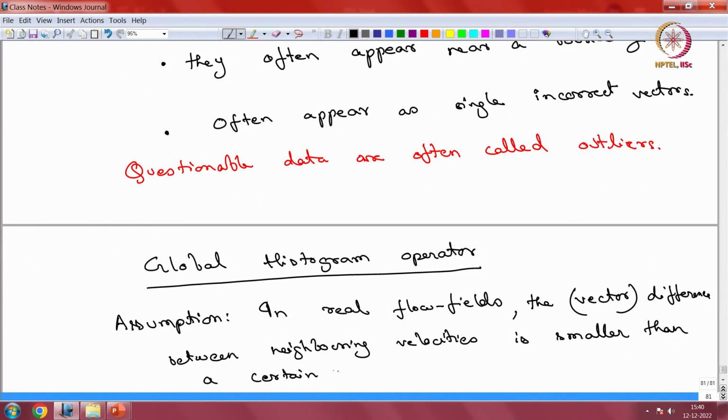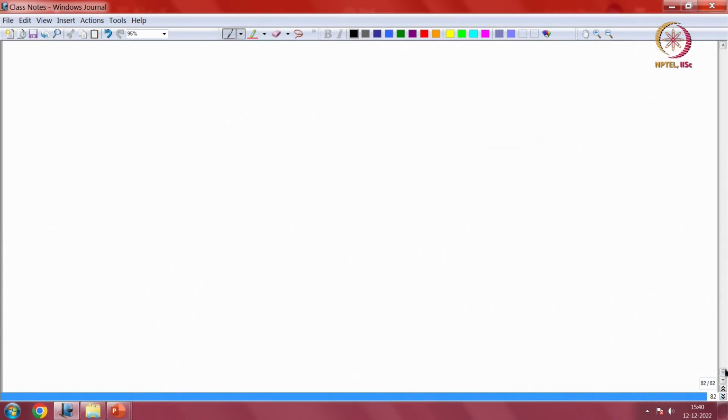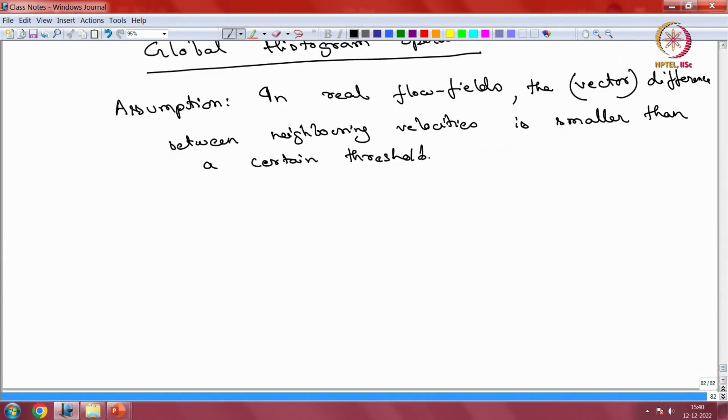This threshold can be a user-defined threshold. Many commercial software packages already have built-in numbers. So if you are using one of these, you have to be careful about what the software is already implementing. So the threshold can be user-specified.